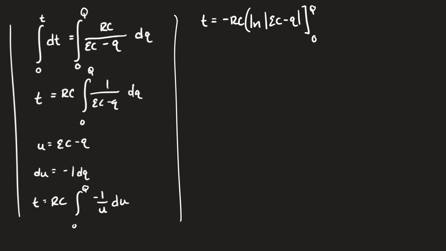To save some time, I'm going to do a couple of things all at once. I'm going to divide both sides by negative RC, and I'm going to put my limits into my logarithm. This process we're doing right now is somewhat autonomous in that eventually they're all going to look like this whenever you have a natural log as your integral.